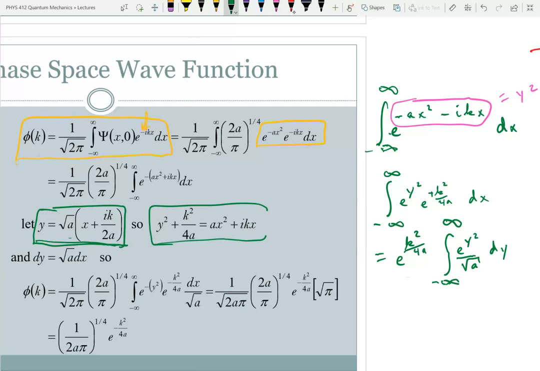So there I used dy is square root of a dx, so dx is dy over square root of a. That's where this over square root of a came from. So that's what this integral up here becomes.